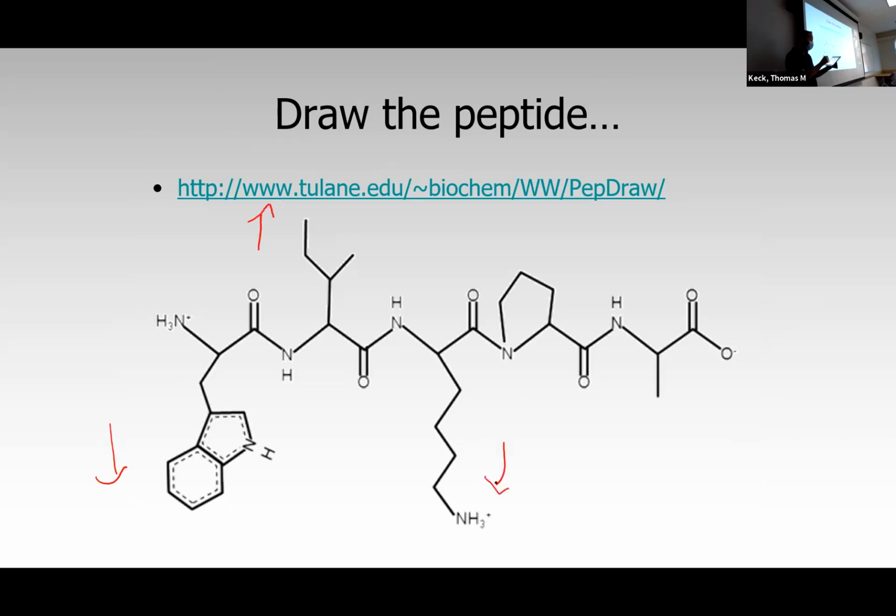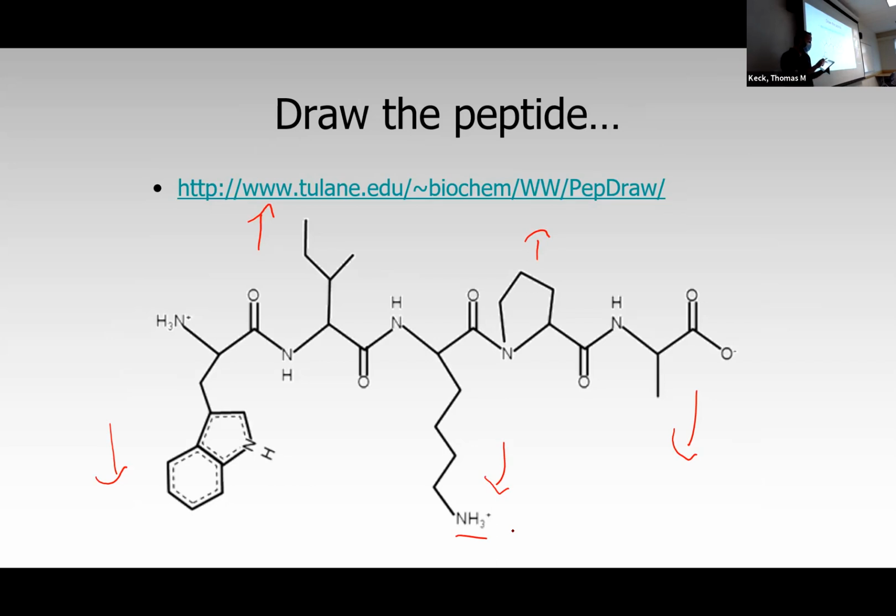You can look at this and identify all those R groups. Notice this is also in a protonated and deprotonated form for the two termini, and also for the R group here. So ultimately, this is the other perfectly reasonable way to draw a peptide chain.